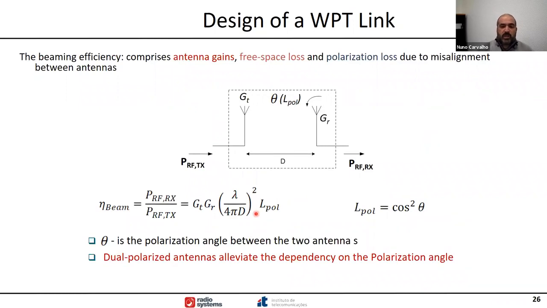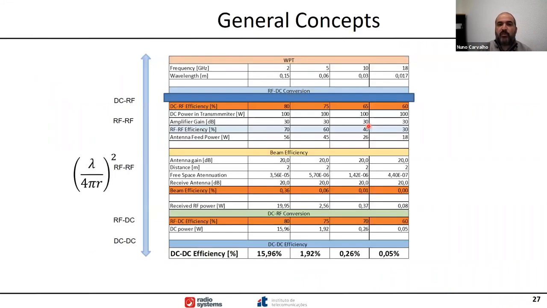And of course, if you look at the antennas, there are a lot of losses on the antennas, not only on the air interface, but also on the polarization that you use for your antenna. So it's a huge problem. So this is something that should be carefully thought through before we actually build a wireless power link.